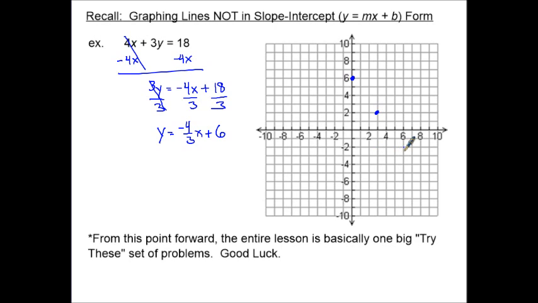So down 4 over 3, and I've got room to do it one more time. And just for accuracy's sake, I can go up 4 and left 3, and those all line up so nicely. So I'll draw myself my best line right through there and call it a day.